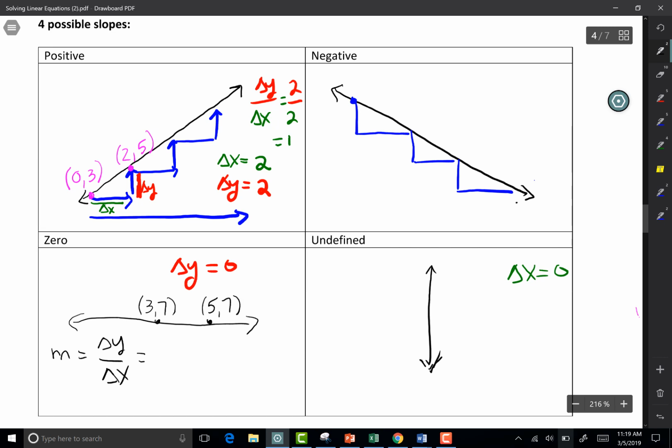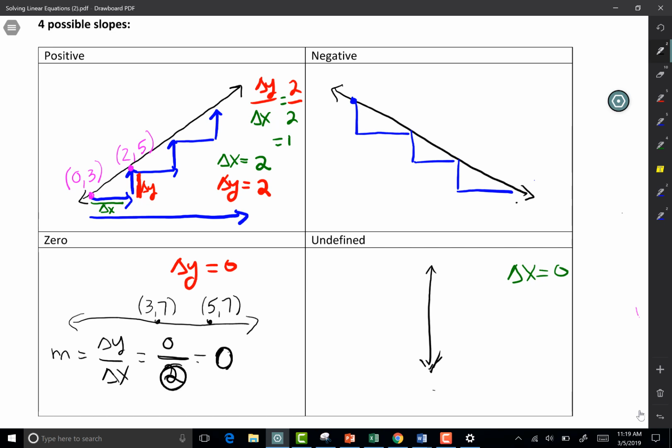Okay, my change in y is 0, right? From 7 to 7, there's no vertical change. So my change in y would be 0. My change in x would be 2. From 3 to 5, that's a change of 2. It doesn't matter what's on the bottom, as long as it's not 0. Any other number on the bottom other than 0 would be okay. If 0 is on the top, then the slope is going to be 0.